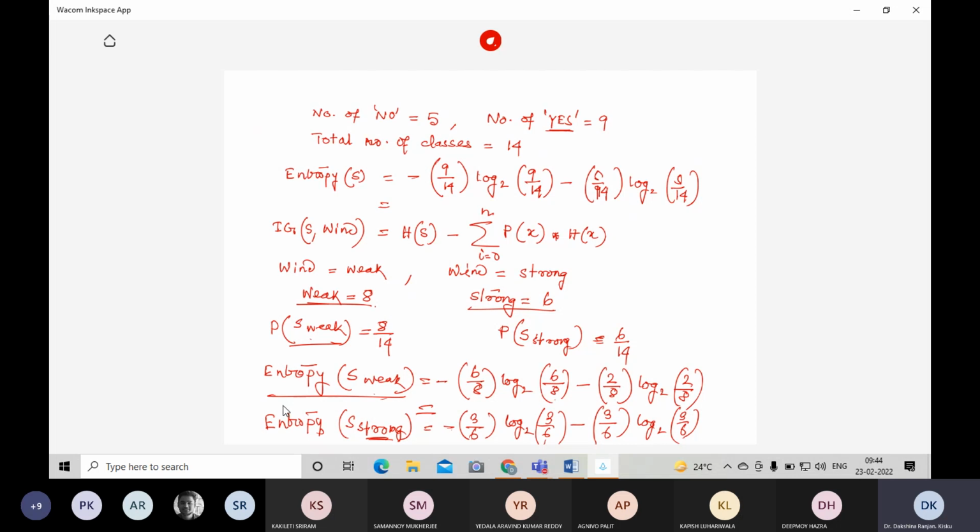Out of 6 decisions for strong values, we are getting 3 as yes and the rest of the 3 as no. So therefore we compute the entropy, which is given by minus 3 by 6 log of 3 by 6 minus 3 by 6 log of 3 by 6. Okay, so this will give you some value. You have to remember this value so that it can be used in the next iteration.